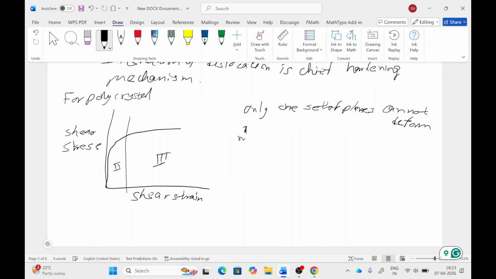For this, a minimum of two independent slip systems is required for deformation in a 2D material.